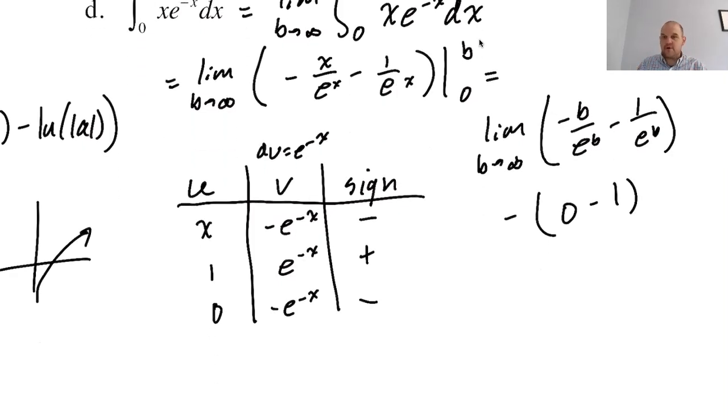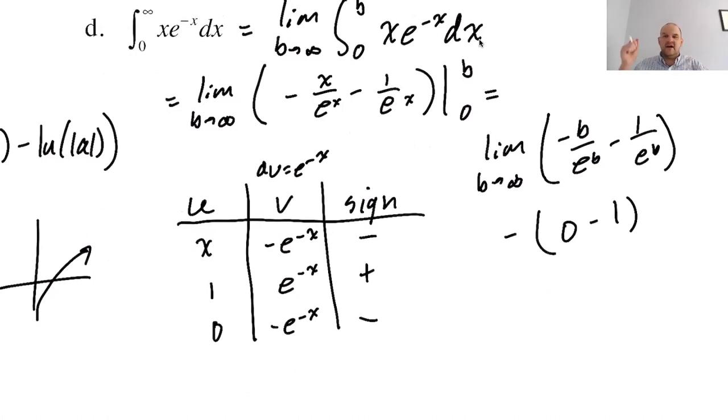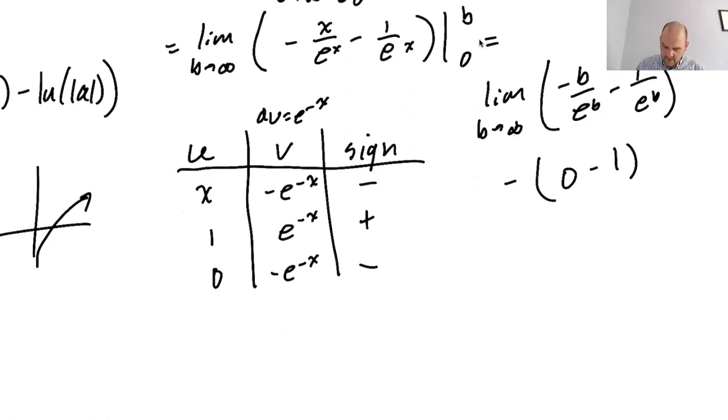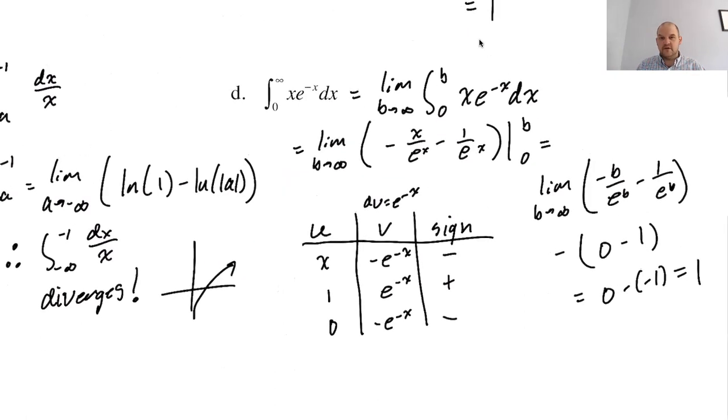Now, the first part depends on how much work you want to do. I look at that and I say, by relative growth rates, b over e to the b is definitely going to be 0 because an exponential grows faster than a polynomial. And then 1 over e to the b is definitely 0. So this overall gives us 0 minus negative 1. So I think we get 1 overall as our final answer.